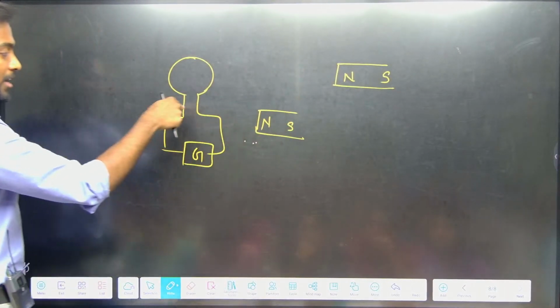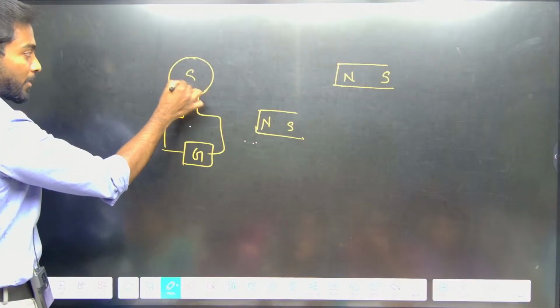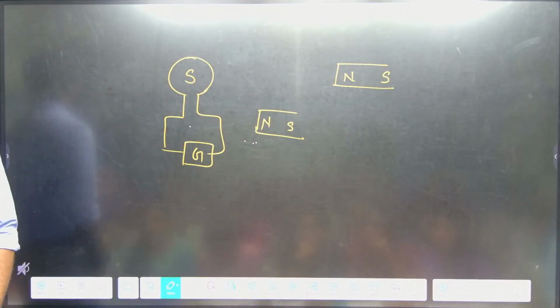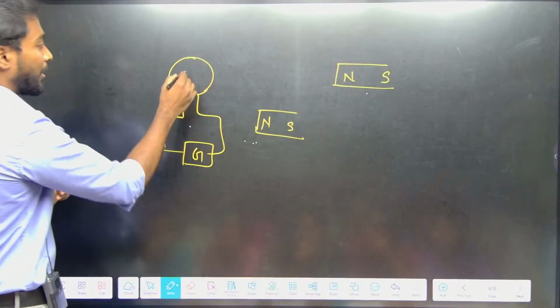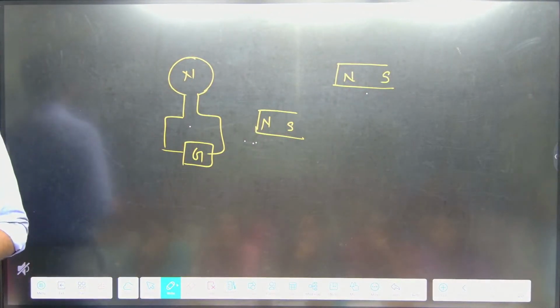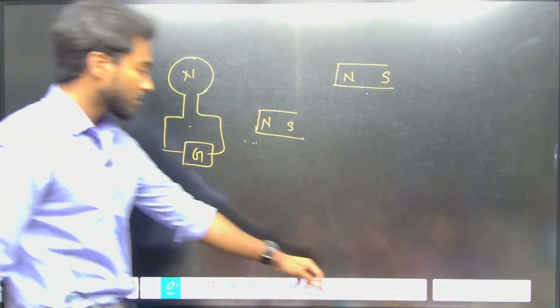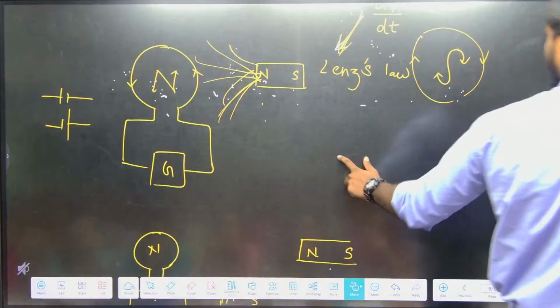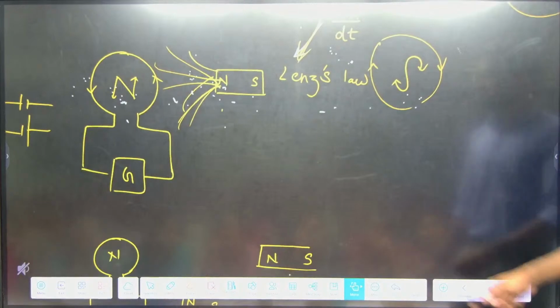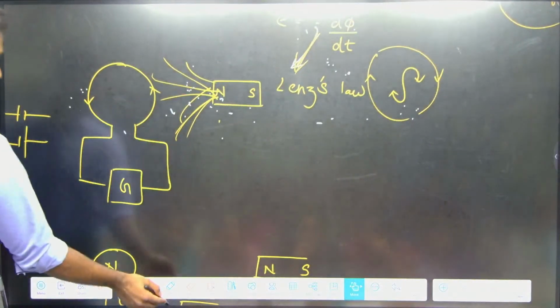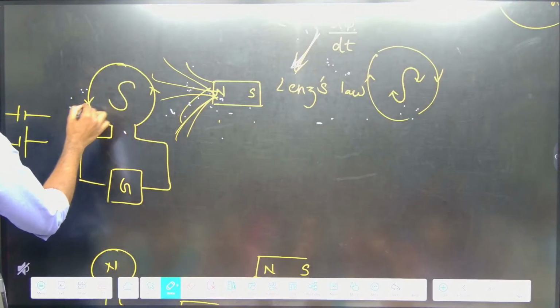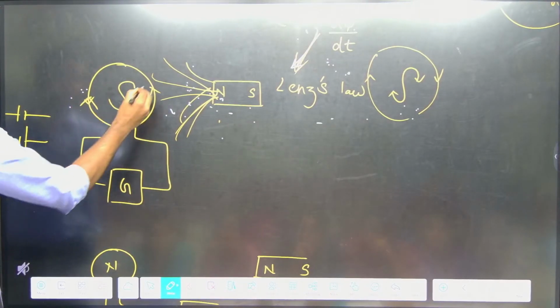If this is near to the conductor, obviously the conductor should be a south, yes, no, it will get attracted. If it is away, obviously it will be a north. Understood? That's the point I have told you. So obviously if it is near, it should be south and the direction will be clockwise.